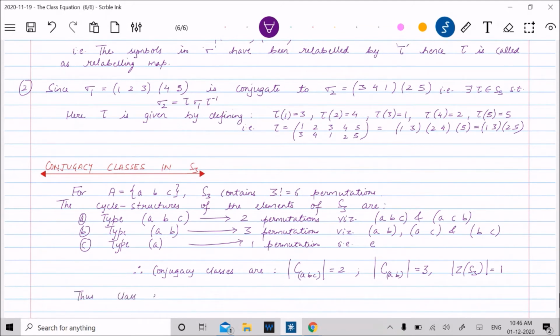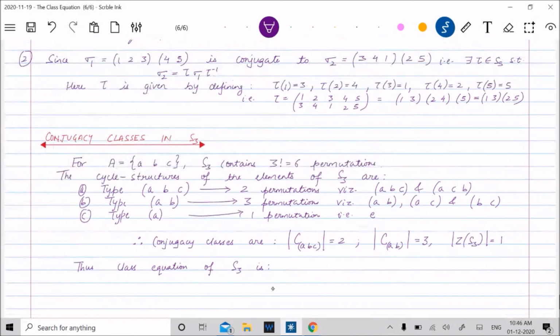Thus the class equation of S3 is: the order of group S3 is equal to the order of the center plus the sum of the conjugacy classes. No need to write the summation, we just write them in brackets.